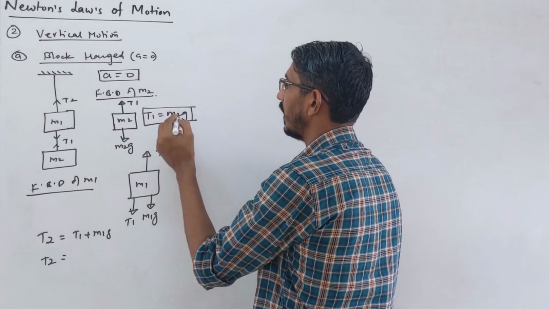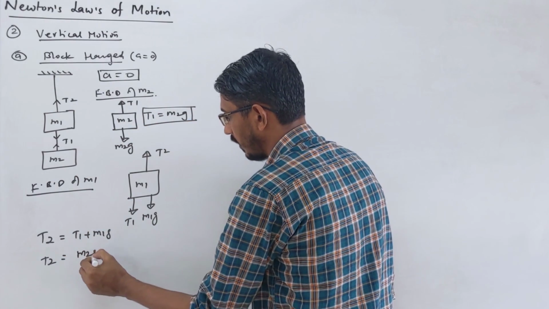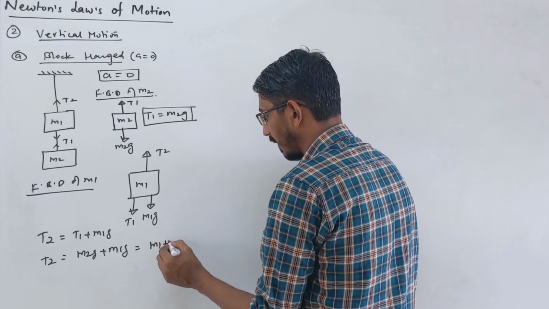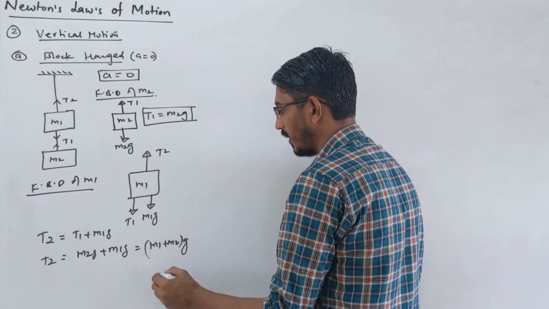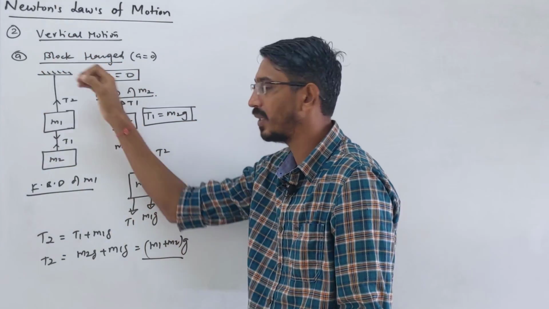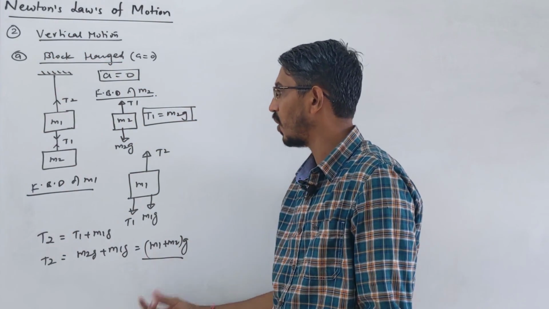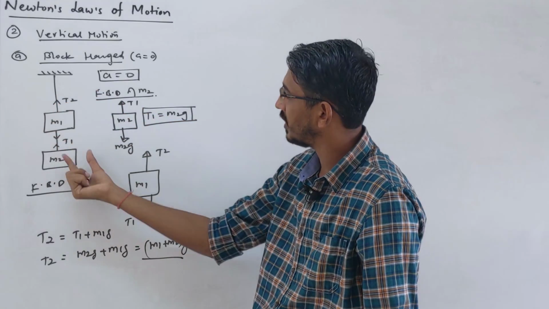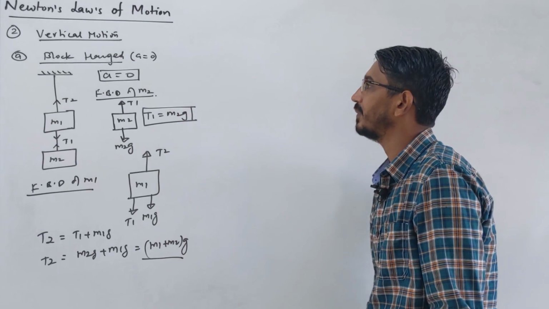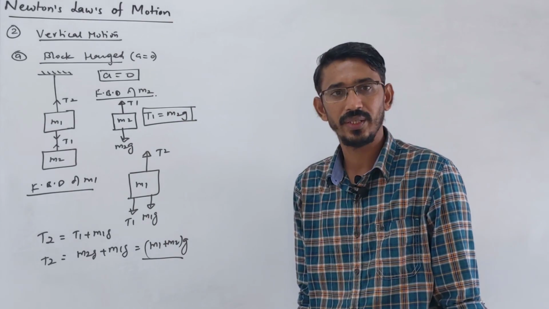T1 we have already calculated, which is M2G. So M2G plus M1G becomes simply M1 plus M2 into G. That's the tension in the string, because this string is supporting these two weights. But the lower string supports only M2G, so M2G is the tension in that string. This is very simple when they are not moving, correct?